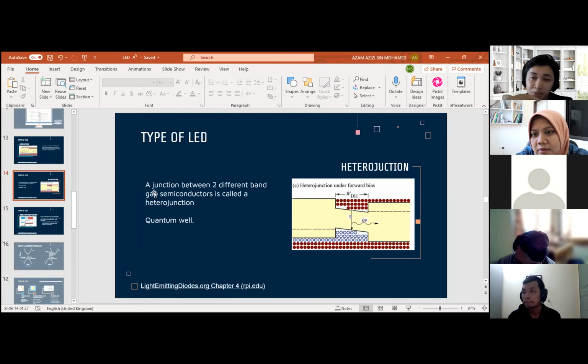I think no. So the type of LED that you explain here, is it heterojunction LED or quantum well LED? That's the problem in this slide. This is heterojunction. So what does it have to do with quantum well here?